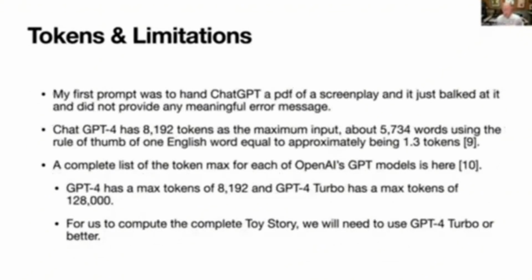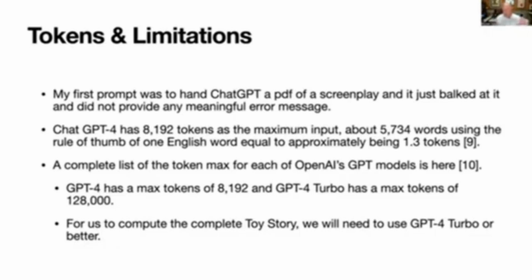My first prompt was to hand ChatGPT a PDF of the screenplay, and it just balked at it and did not provide any meaningful error message. ChatGPT 4 has 8,192 tokens as the maximum input. It's about 5,734 words, using the rule of thumb of one English word equivalent to approximately 1.3 tokens.